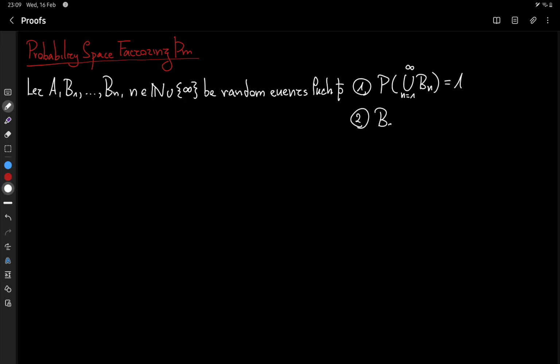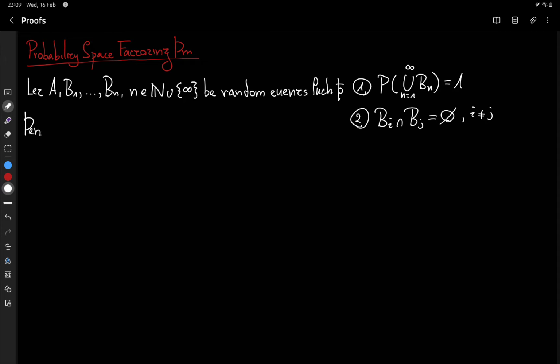Symbolically, that Bi intersected with Bj is the empty set whenever i is different from j. So in other words, the Bn's in a certain way factor the probability space, hence the name.